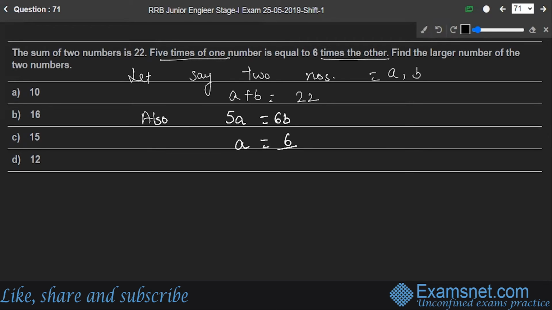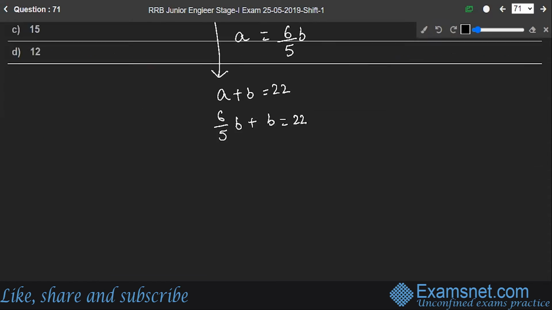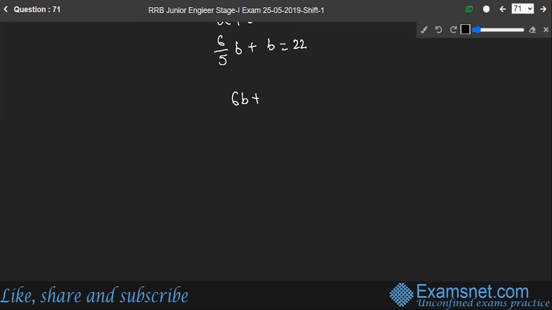Suppose A is equal to 6 upon 5 of B. A plus B is equal to 22, that means 6 upon 5 of B plus B is equal to 22. Or you have 6B plus 5B upon 5 is equal to 22. Or you have 11B is equal to 110, and B will be equal to 10.